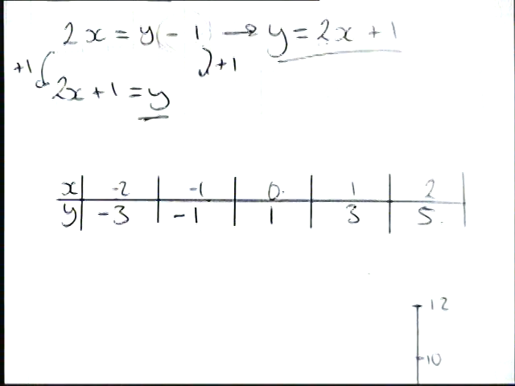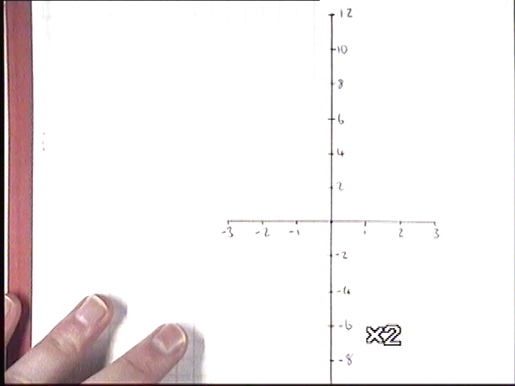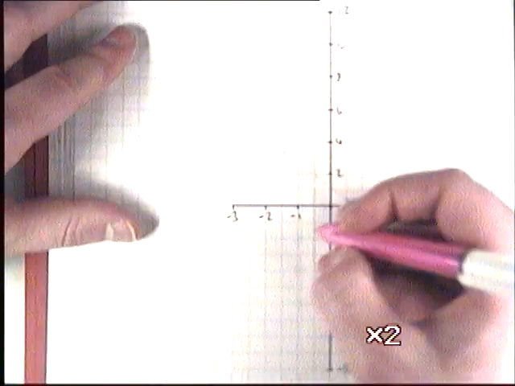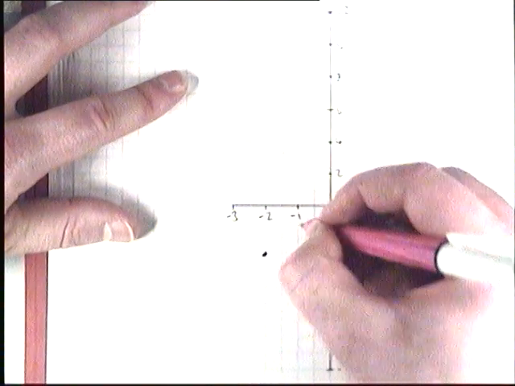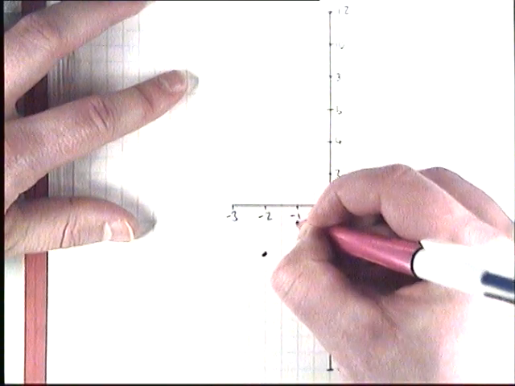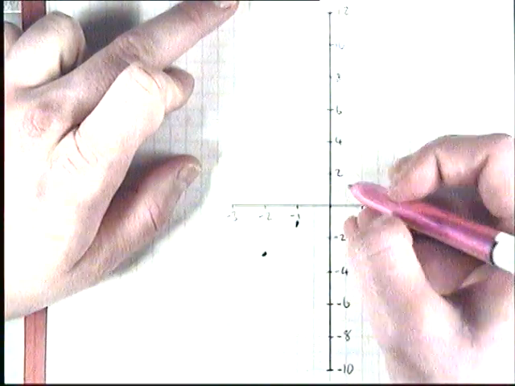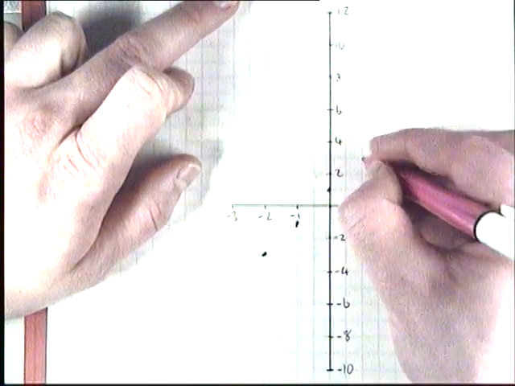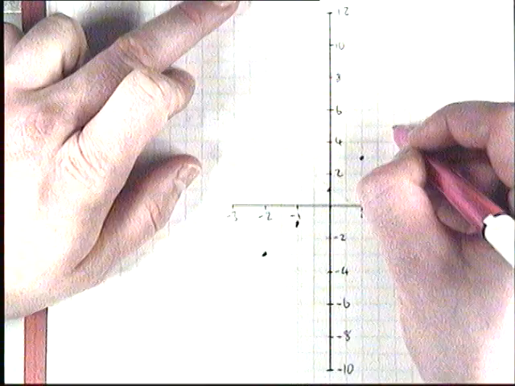And we're going to pop those coordinates onto our axes. So we've got -2, -3; -1, -1; 0, 1; 1, 3; and 2, 5.